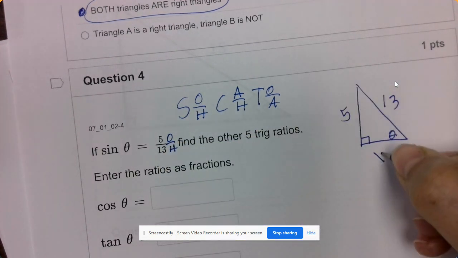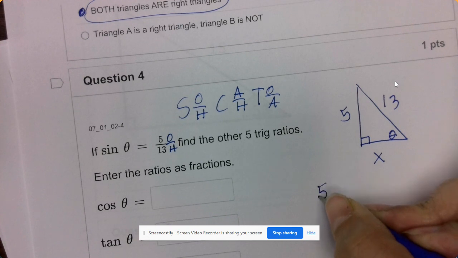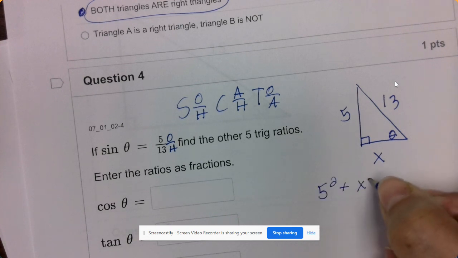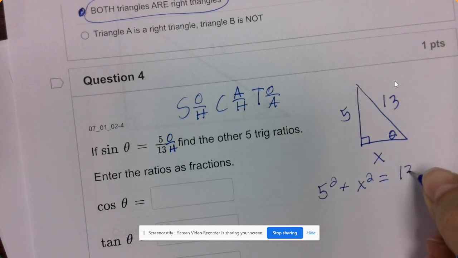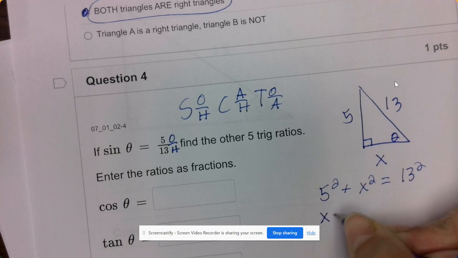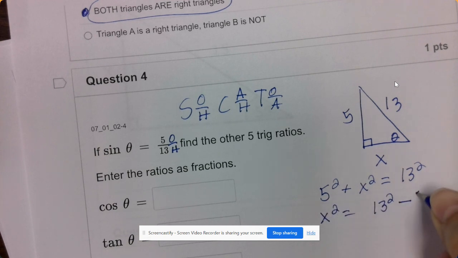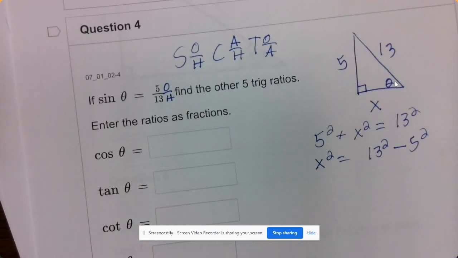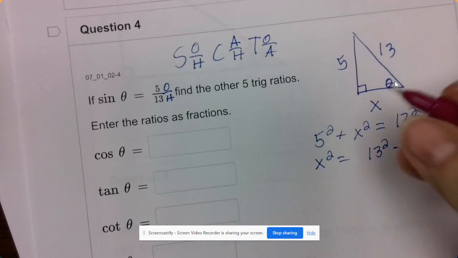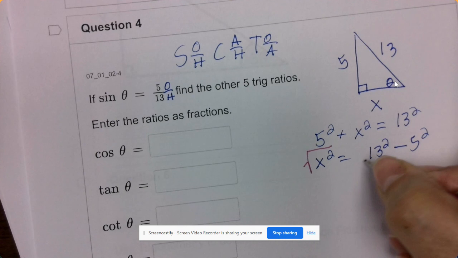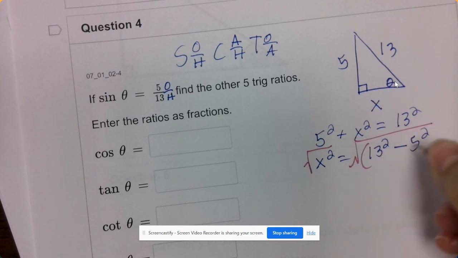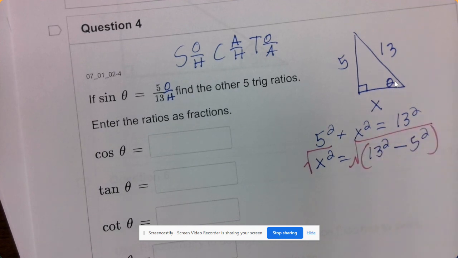We need to find this side. So 5 squared plus x squared is equal to 13 squared. So x squared is going to be equal to 13 squared minus 5 squared. Take the square root of both sides. I can plug it in the calculator like that, everybody, or you can do it step by step, your choice.